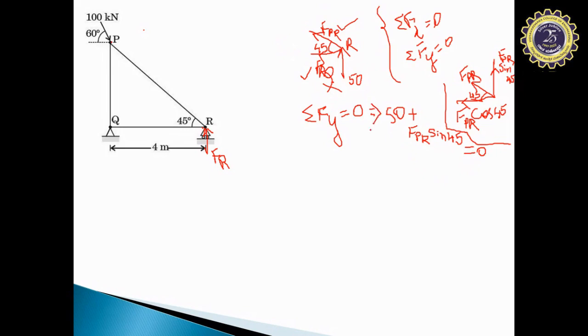Now, if we solve this particular equation, we get FPR equal to 70.71 kilonewton.